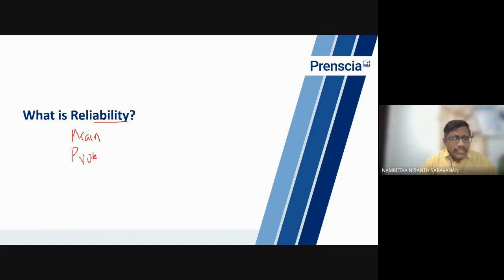That means the engine should not produce the smoke which affects the environment. So this is sustainable. So the automotive industry needs to tune their engines, needs to tune their mufflers, by way of the exhaust, to reduce the pollutants. Such a way, it talks about the reliability phenomenon.